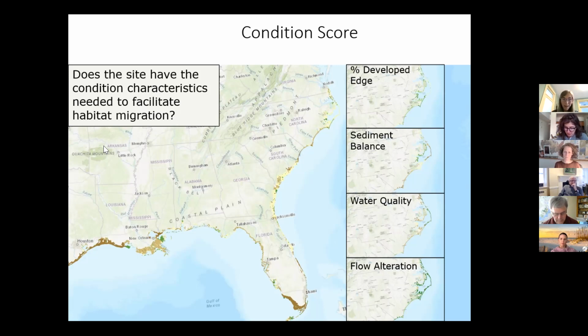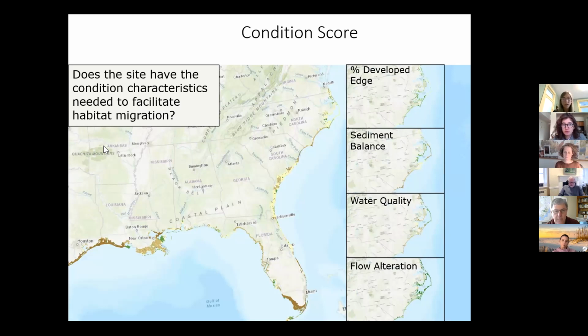So the developed edge was one characteristic of hindering that. The sediment balance: do we actually have enough natural flow coming from our rivers and streams that feed our marshes, where the sediment can actually keep up with sea level rise and allow our marshes to persist into the future? So we know that we need accretion in our marshes.